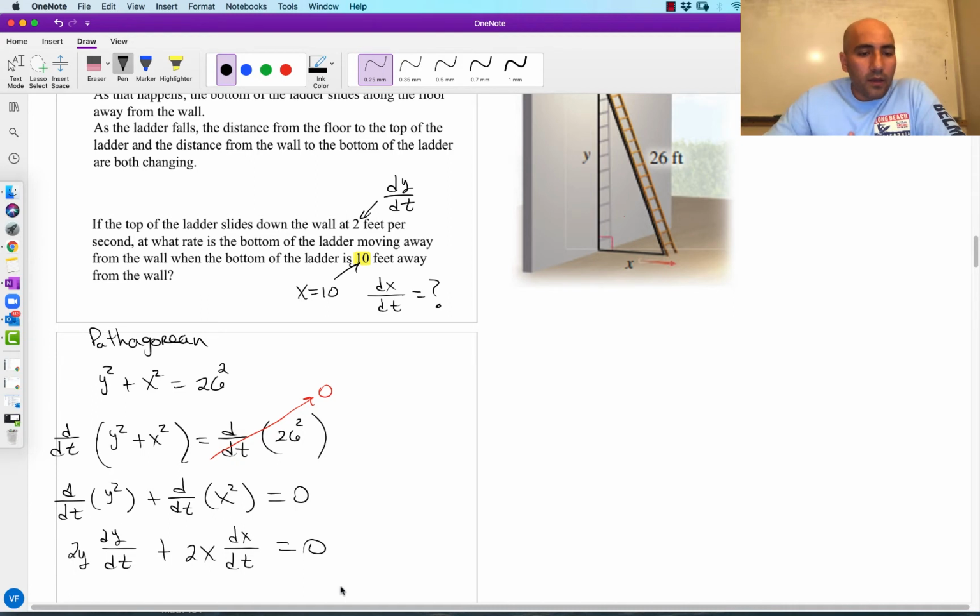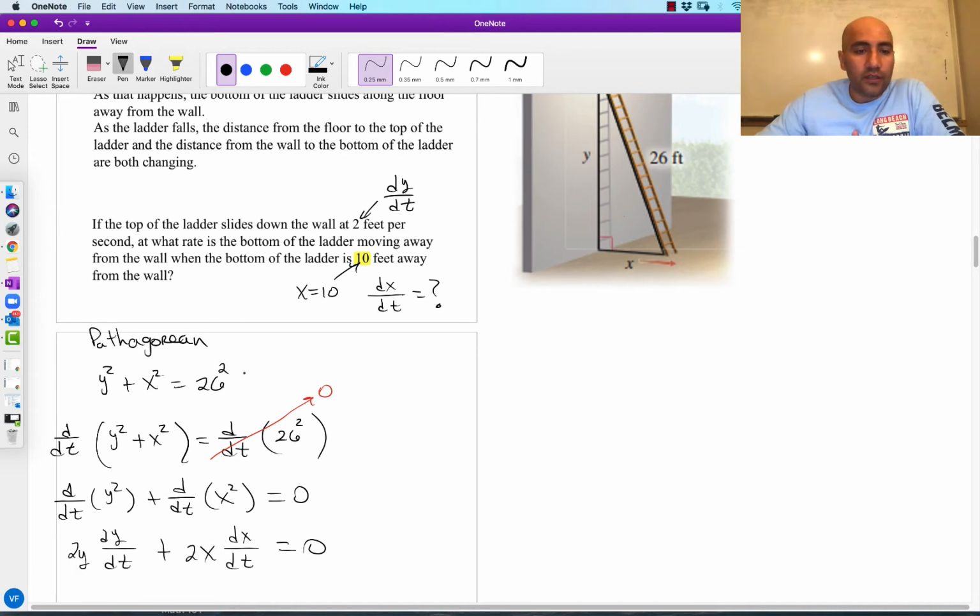Okay, well, this is what they want to know. This one they gave me. And, well, we don't know what this is. So what we want to do first, step 1, is figure out what this y value is at this point in time. When x is equal to 10, what is y? So we can plug it into here and solve for our variable.